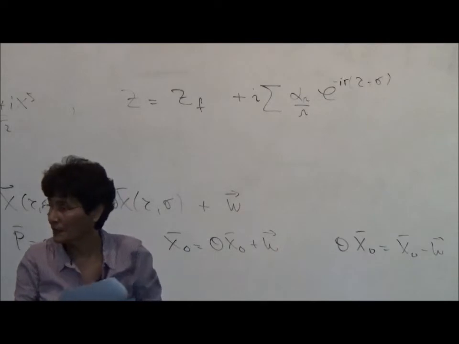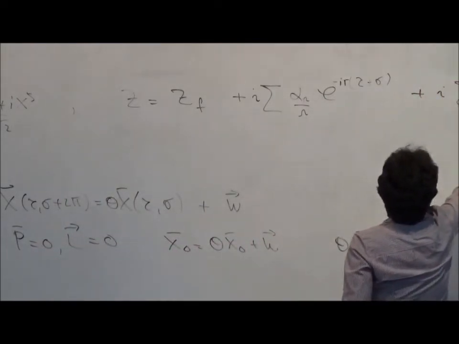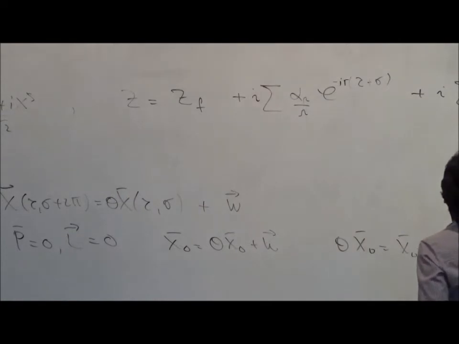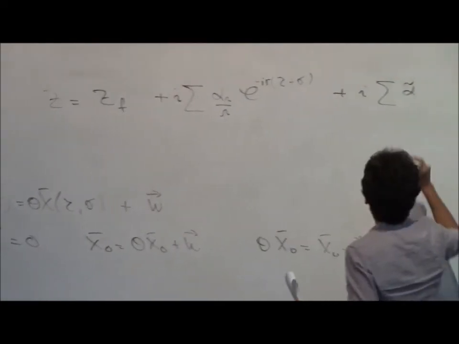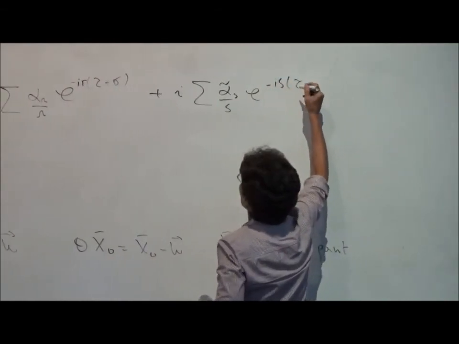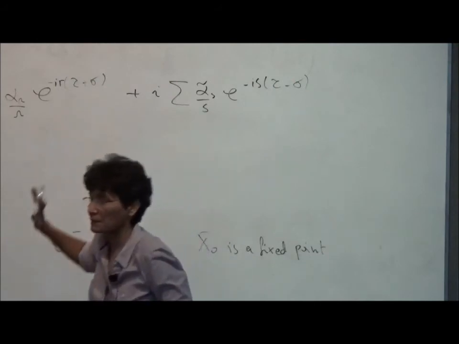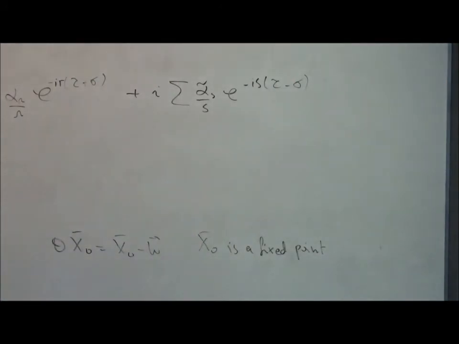And then I have also the other thing here: right movers, left movers. And then I impose the boundary condition.